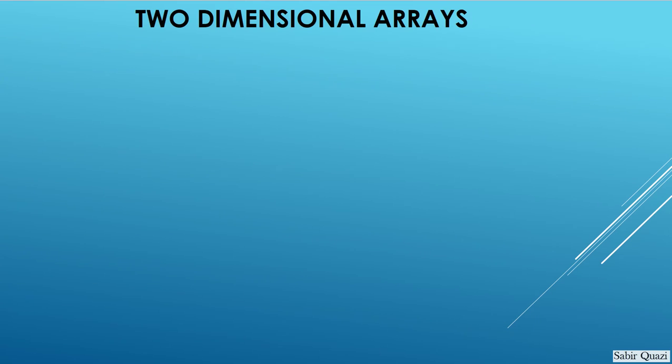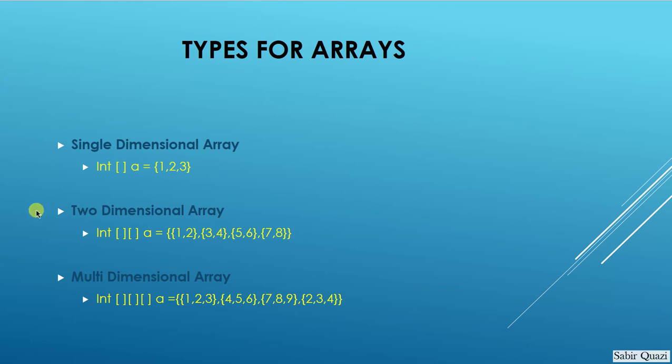We have already seen a single-dimensional array, which holds single values. Here we can see int a[] equals, in curly braces, 1, 2, 3. These are single values, so it is a single-dimensional array.